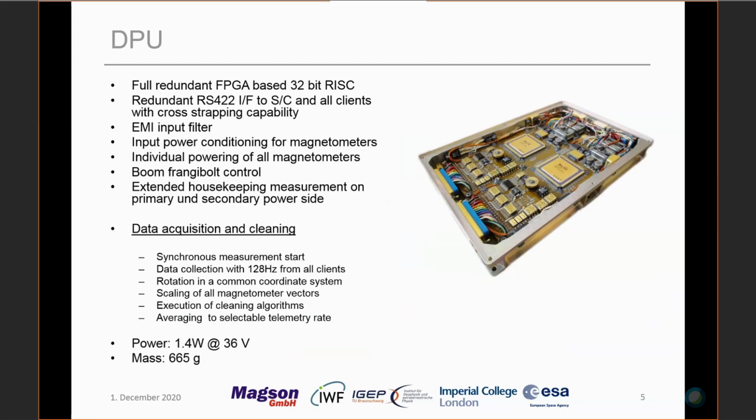We have housekeeping measurements for all primary and secondary power sites, voltages, currents, temperatures, and so on.